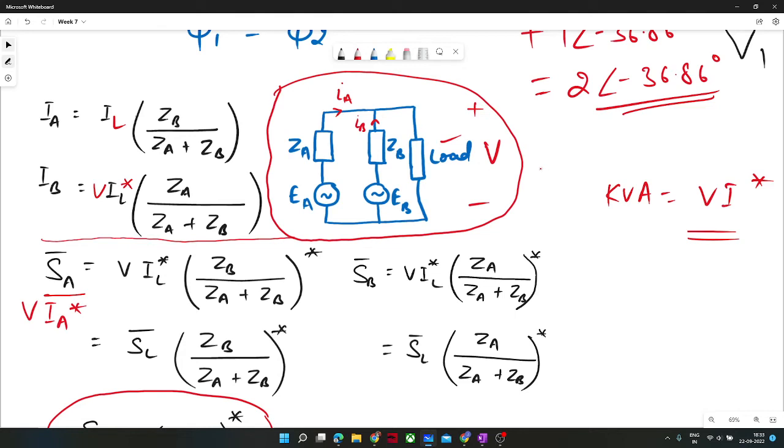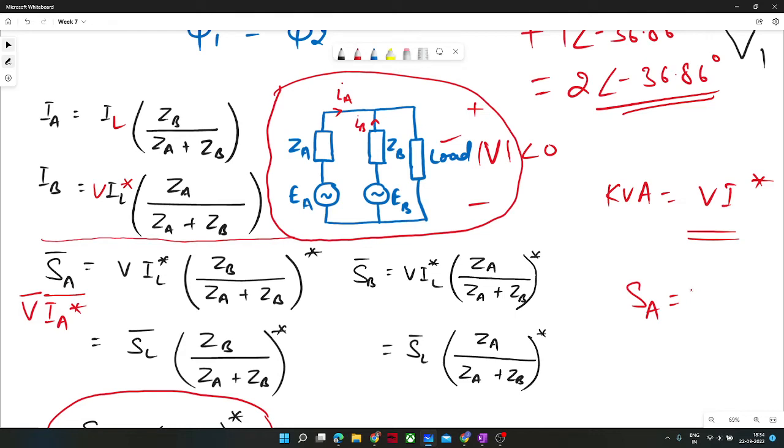That will be cleared in the problem also, but I will try to clear the confusion here as well. Let us assume this terminal voltage has magnitude V, angle 0. I am telling it as V. What would be the KVA rating of transformer 1 in terms of VI conjugate or VI?